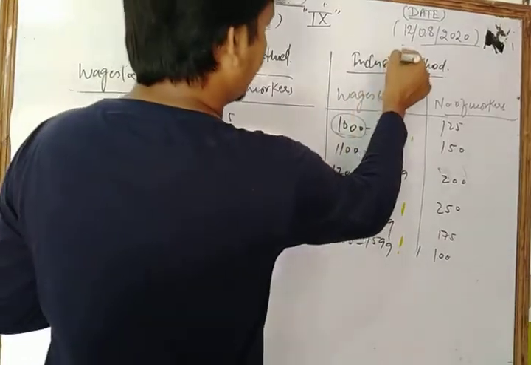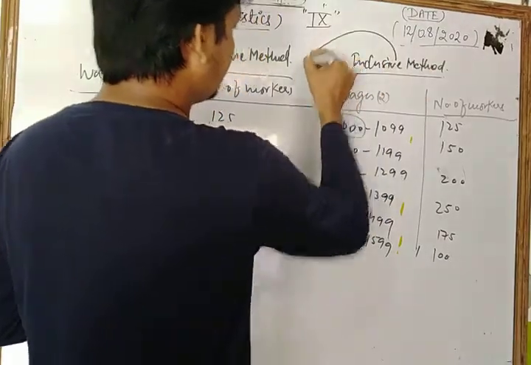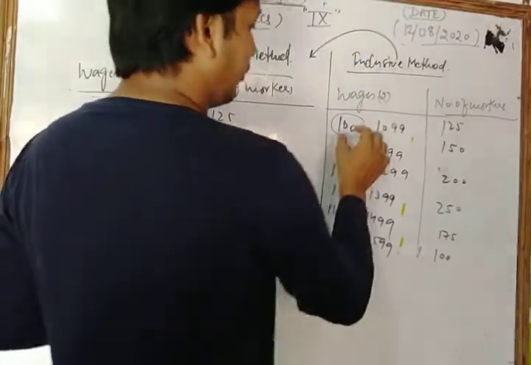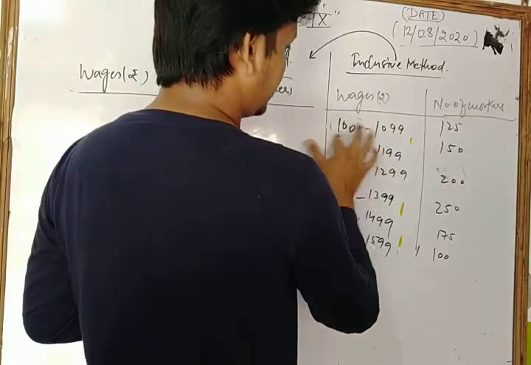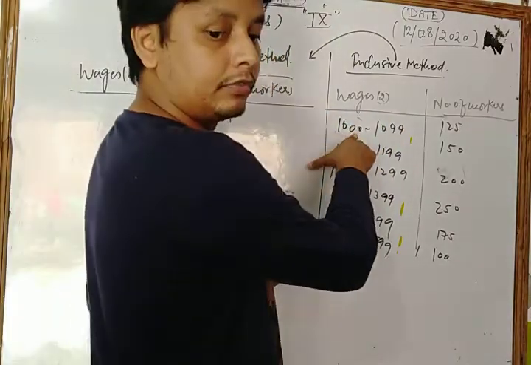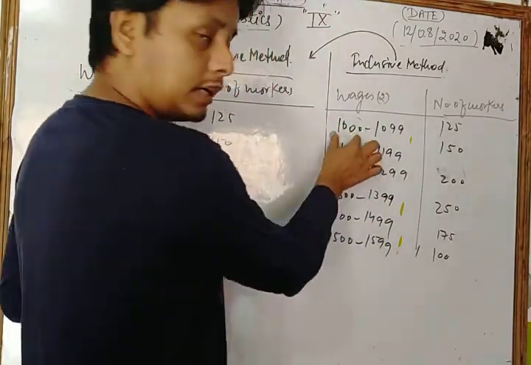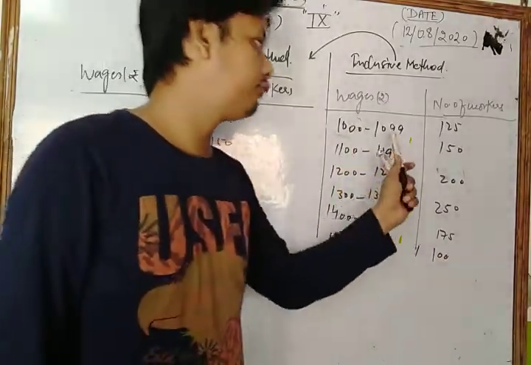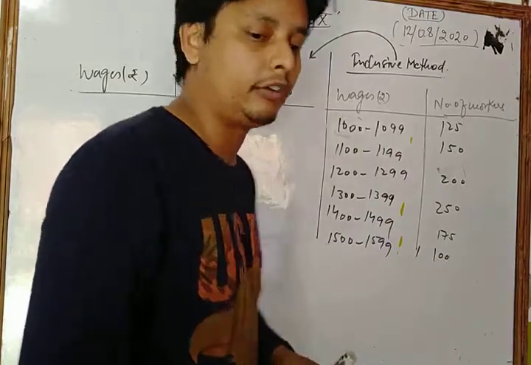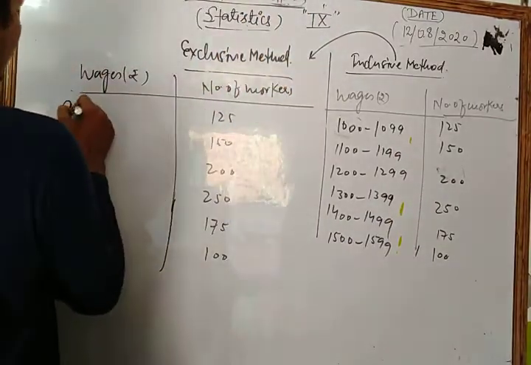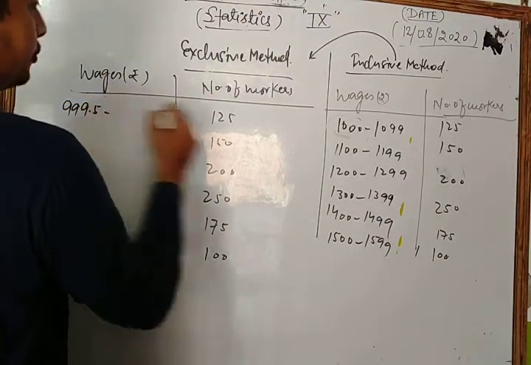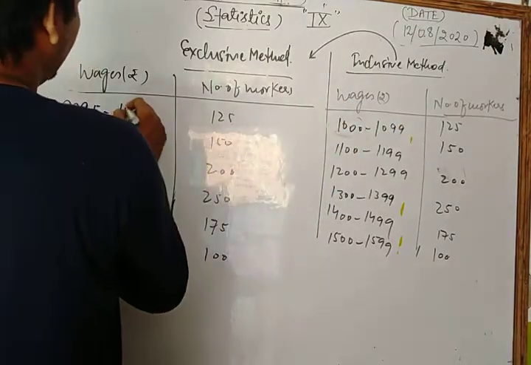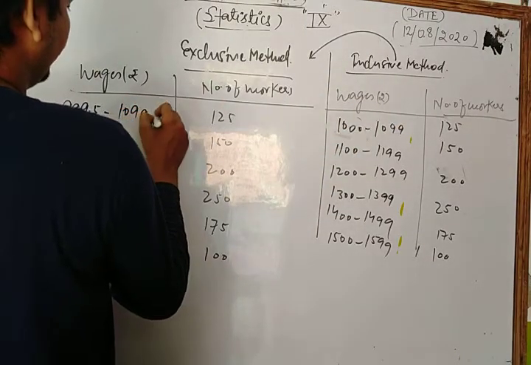Suppose that we convert that inclusive to exclusive. Now what we do in that question, we subtract 0.5 from the lower limit and add 0.5 to the upper limit. So we have 999.5 here, and if we add 0.5 we have 1099.5.